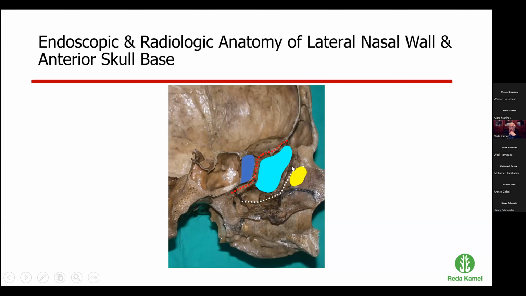And then we have here the agger cell. The agger cell is no more than one of the anterior ethmoid air cells, just anterior and superior to the uncinate. All the air cells anterior to the basal lamella are anterior ethmoid air cells. All the air cells behind the basal lamella are posterior ethmoid air cells. And then we have here the hiatus maxillaris, within which we have the maxillary sinus.